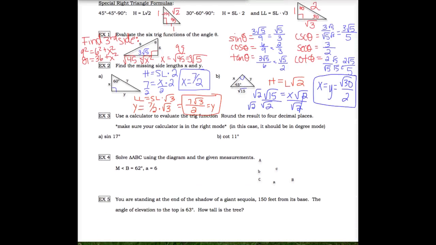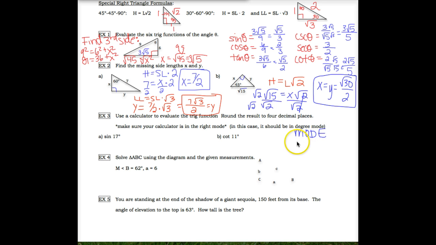All right, example 3, we are finally going to look at the calculator. And we need to make sure that your calculator is in the right mode. So your mode button is not in the very top row, but in the second to top row, just next to your second button. So find the button that says mode and press it.